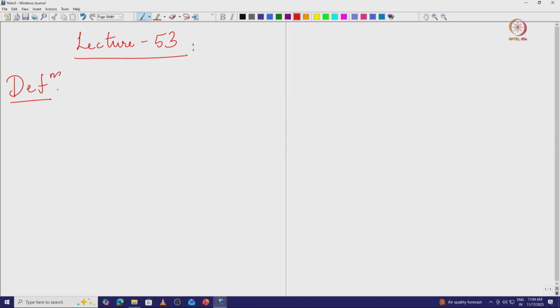So, I would like to begin with, what are basically these curvature conditions? This is a basic definition that we will use throughout. So, let M and g be a Riemannian manifold.